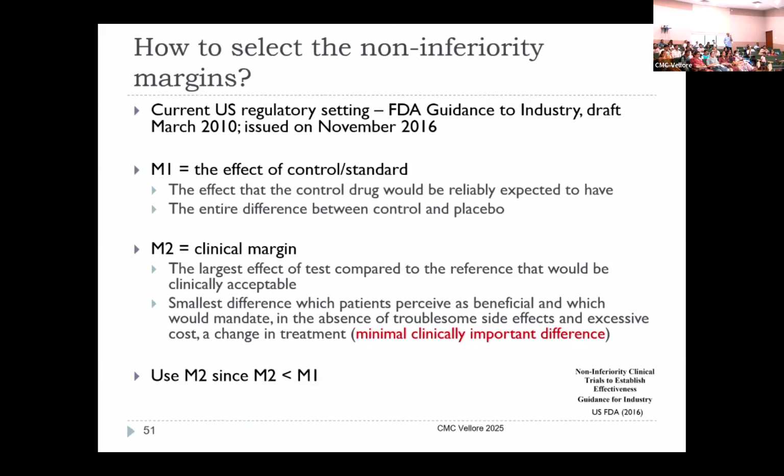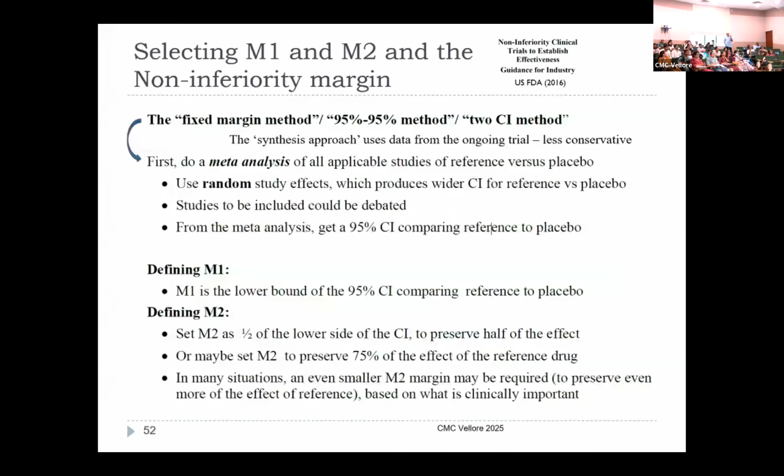If you're doing this, you want to know the effect of the control or standard before you do your study, and you want the clinical margin to be based on the standard and preserving some of the effect of the standard. How much to preserve becomes an issue. 50%, 75% are the standard things people do. So first, you're supposed to do a meta-analysis of all applicable studies.